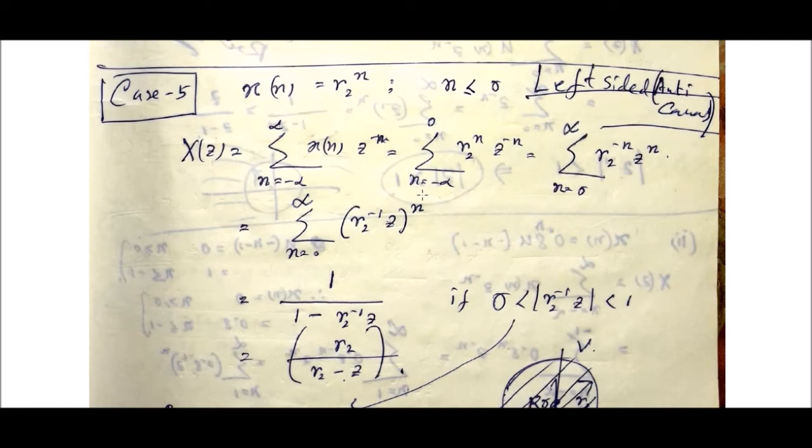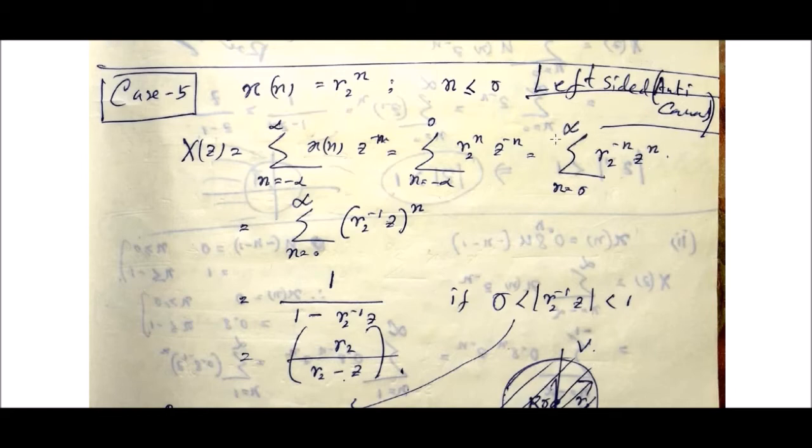Now change the index, reversing it: in place of n you put minus n. So it becomes 0 to plus infinity, R2 to the power n becomes R2 to the power minus n, and Z to the power minus n becomes Z to the power plus n, because you are reversing the index.